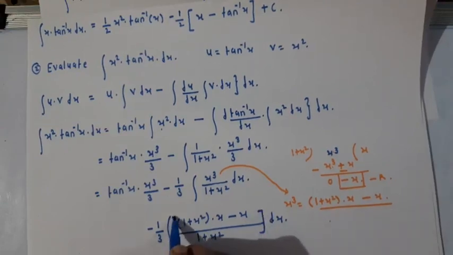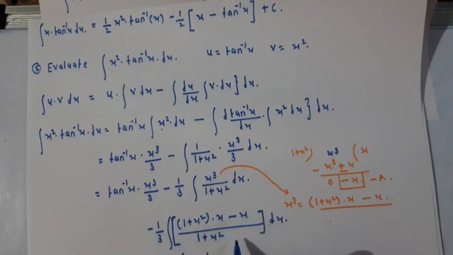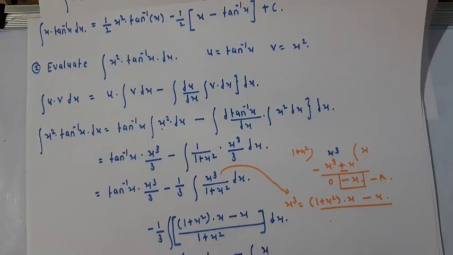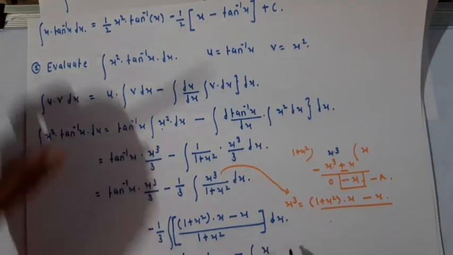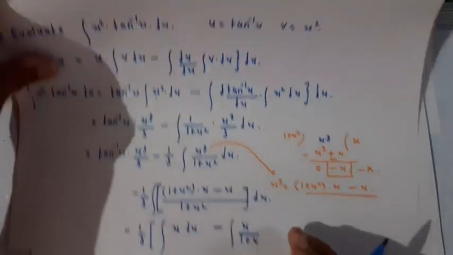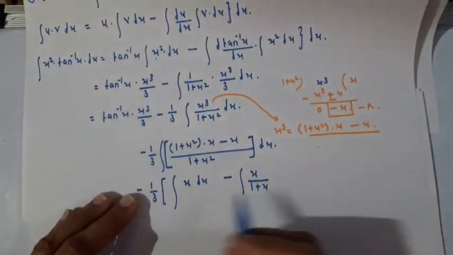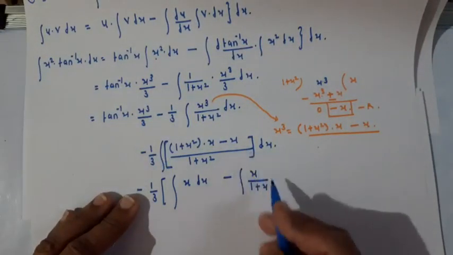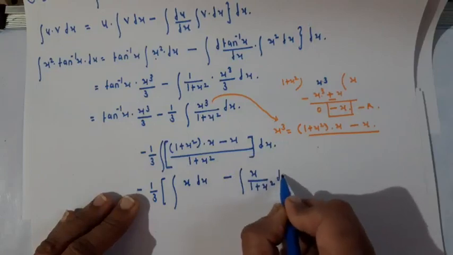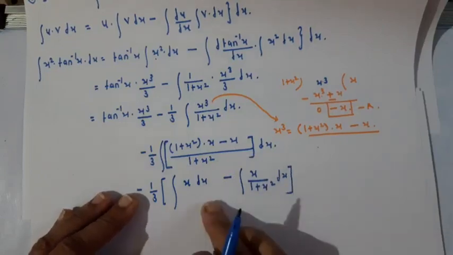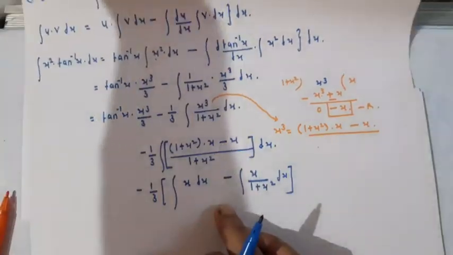And the second term is minus integration of x upon 1 plus x square with respect to x. And now we can solve this integration easily.